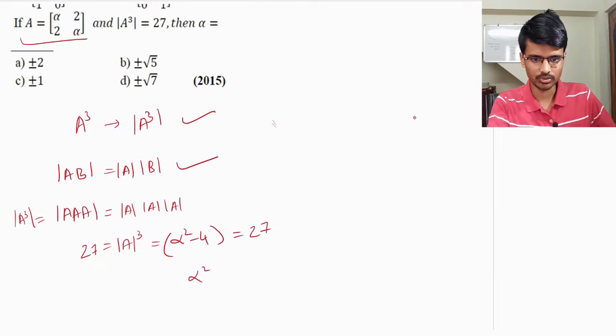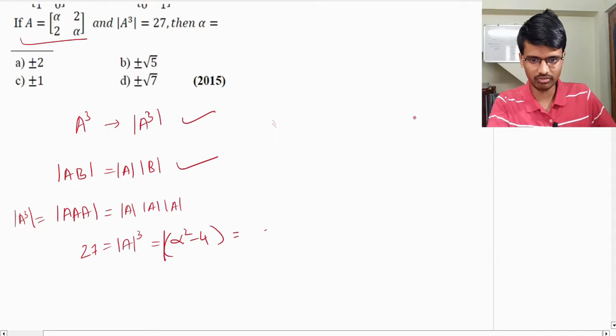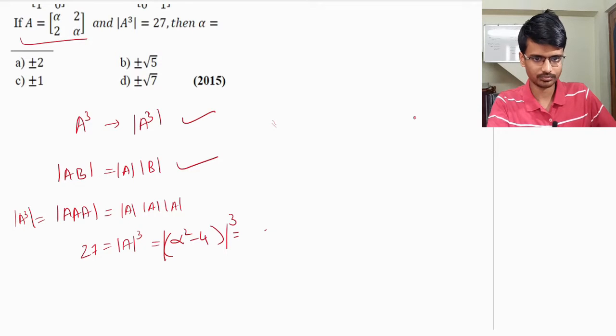So determinant of A is alpha square minus 4 and cube of this. I have done it directly, and substituted it here.